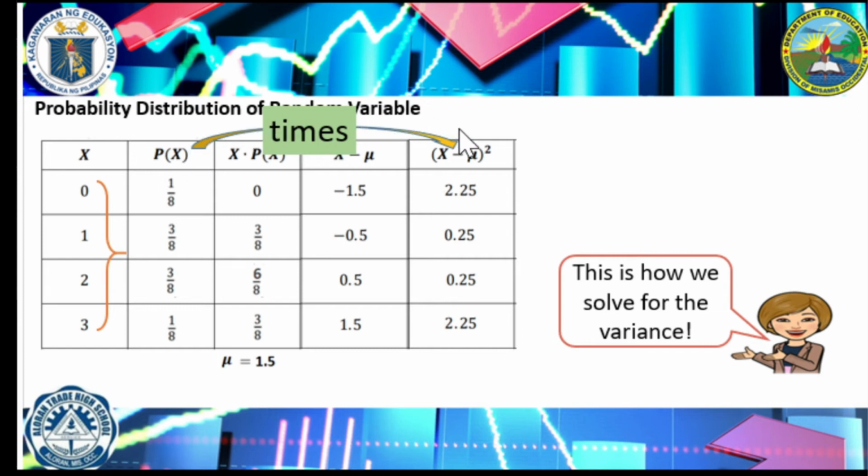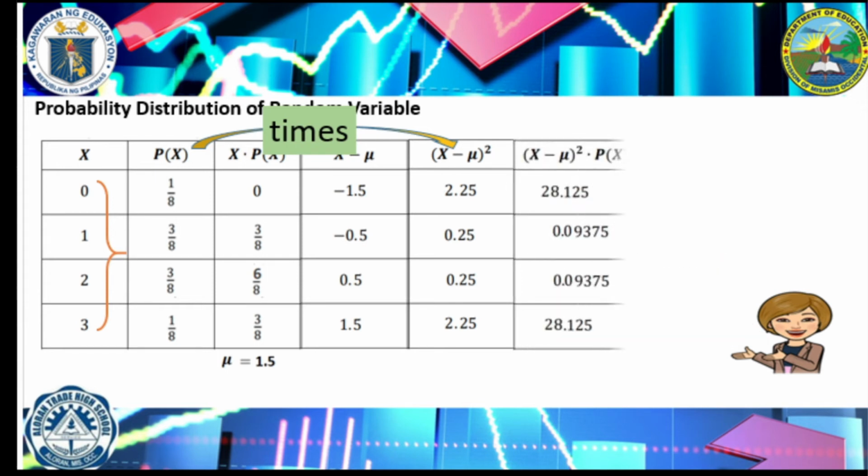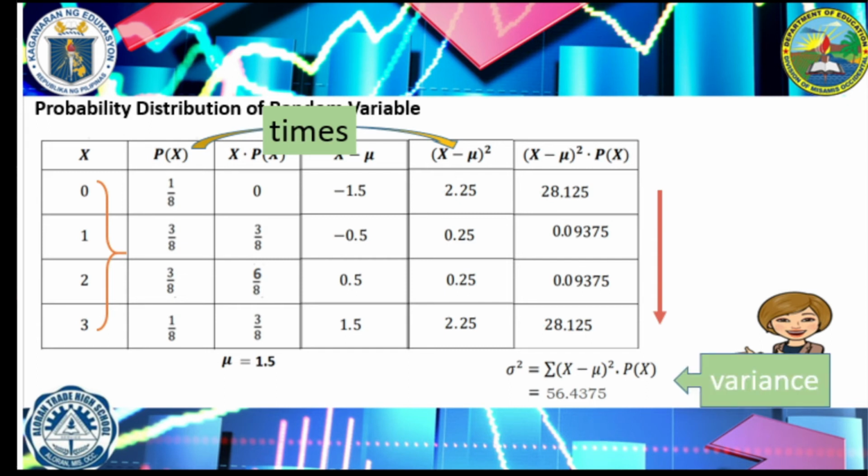You multiply that to the quantity of x minus mu squared. The result is written as an additional column. After that, we get the sum of this column, and we have the variance. The symbol for variance is sigma squared, 56.4375. This is our variance.